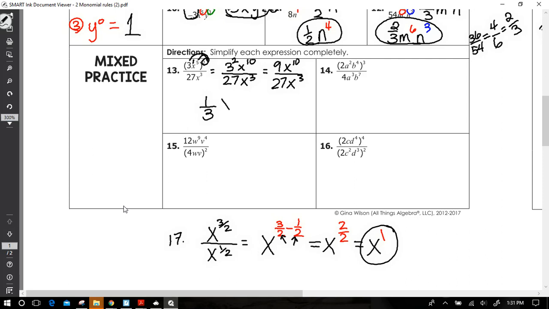And now let's do my x to the 10 minus 3, which is going to give me x to the 7th power. And that's my final answer. I've completely simplified that as far as it can go.